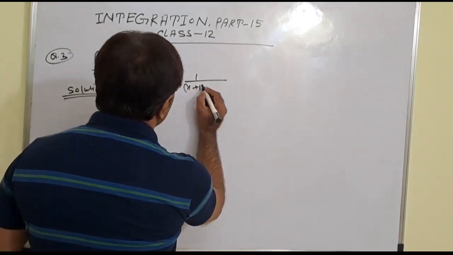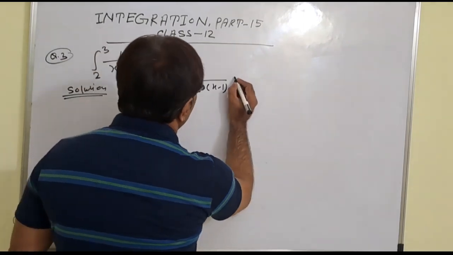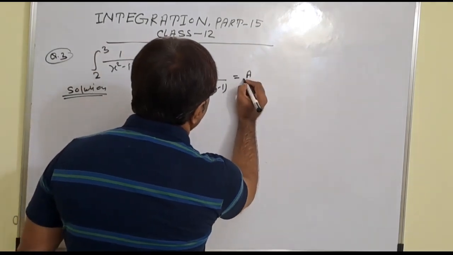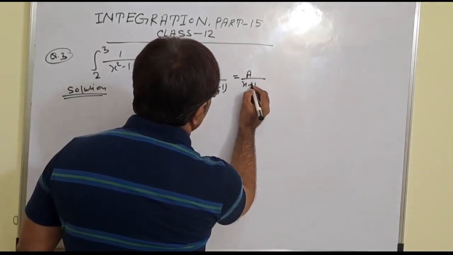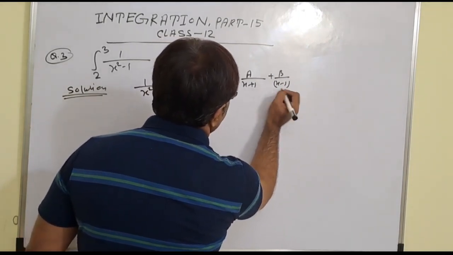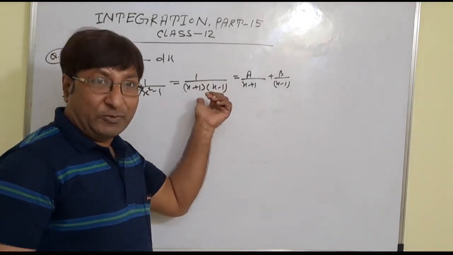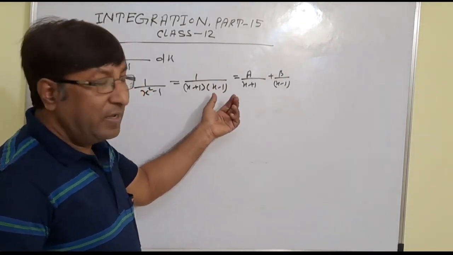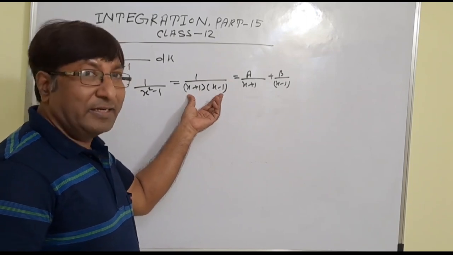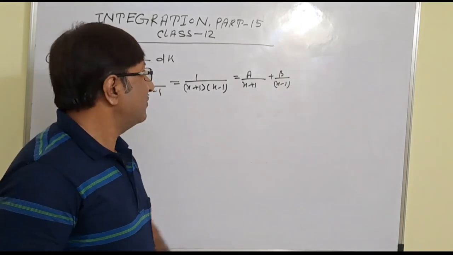Now this equals, just suppose, a upon x plus 1 plus b upon x minus 1. For this type of function, you just assume a upon x plus 1, b upon x minus 1.